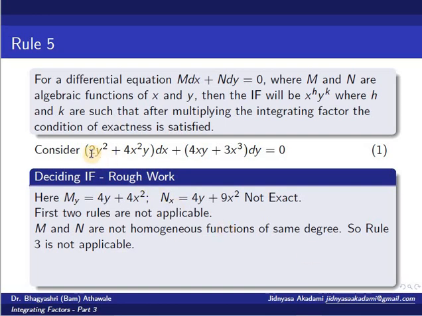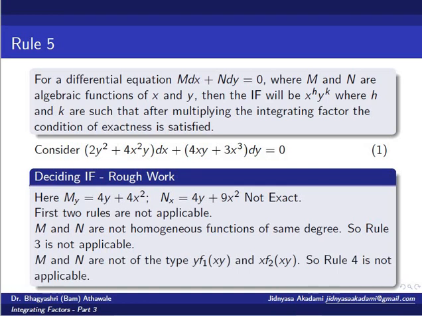And here the degrees are not like in rule 4, that means that condition is not satisfied here, and therefore rule 4 is also not applicable. So though it looks like a very simple differential equation, none of the methods which we have done so far is applicable to this differential equation.